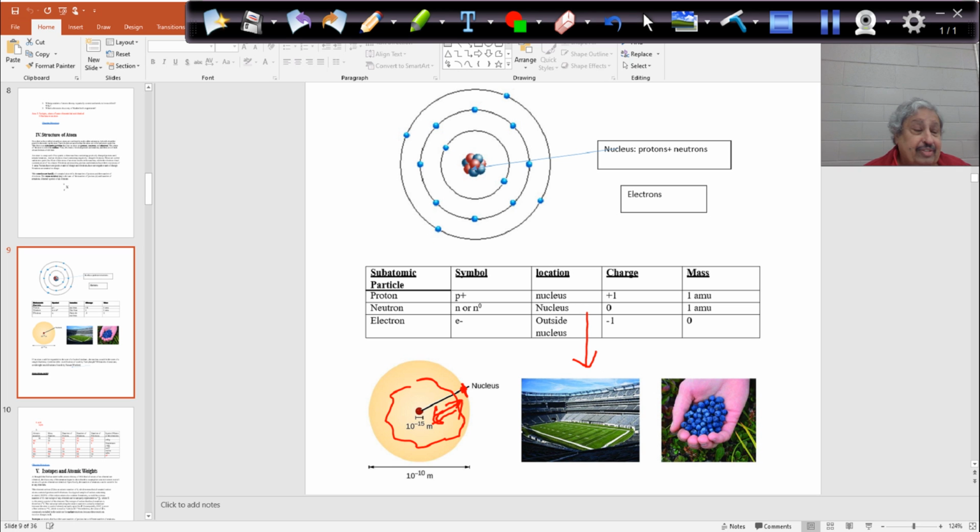He said, imagine you have a football stadium here. In the center line somewhere here, there is a small tiny particle, like a rock, or it looks like a grape to me.